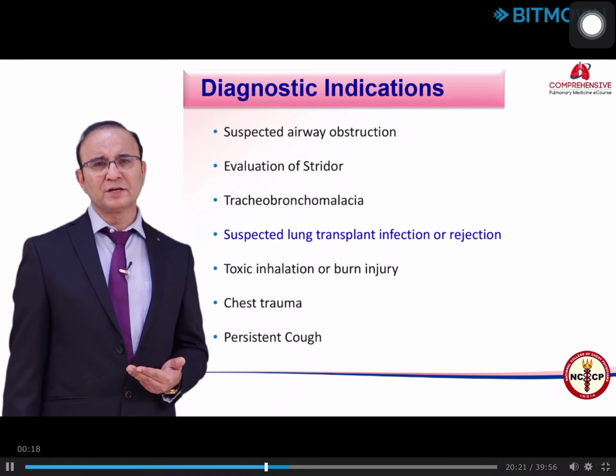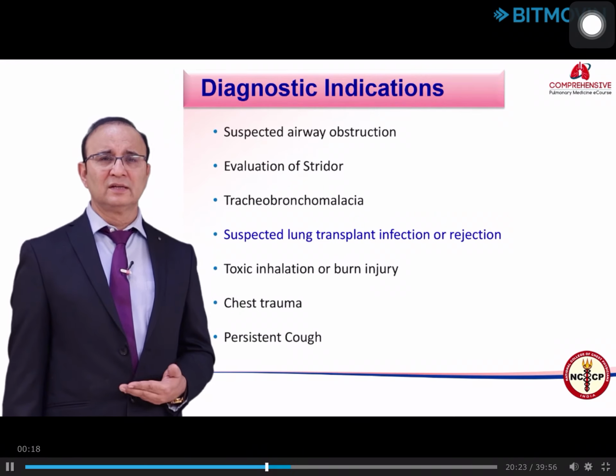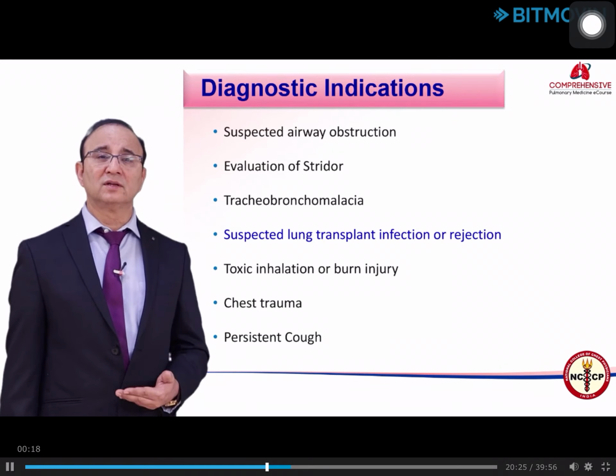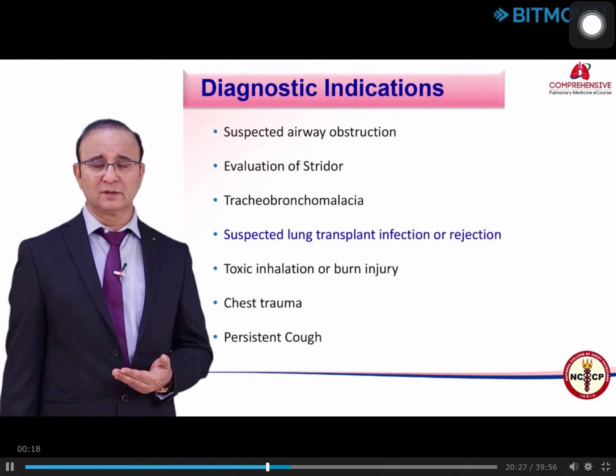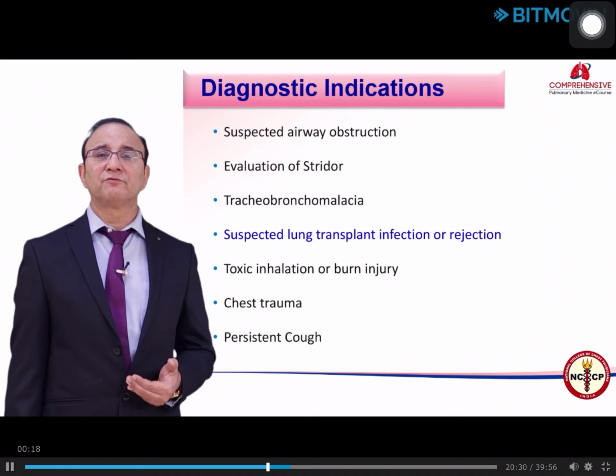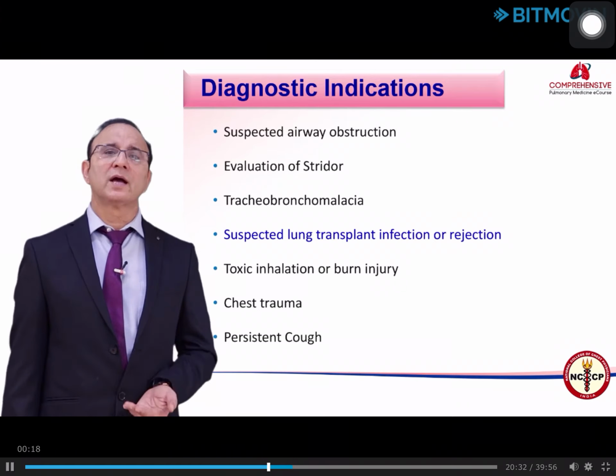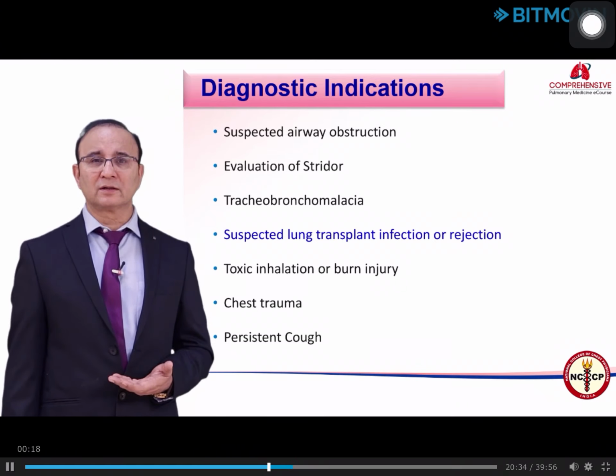Then in a patient who had a lung transplant, it's a very good modality to find out lung transplant rejection or infection. Transbronchial biopsies are very frequently done in these patients to diagnose post-transplant complications.